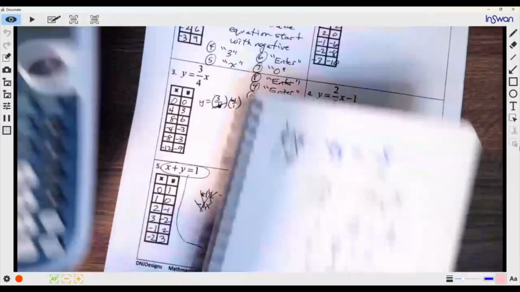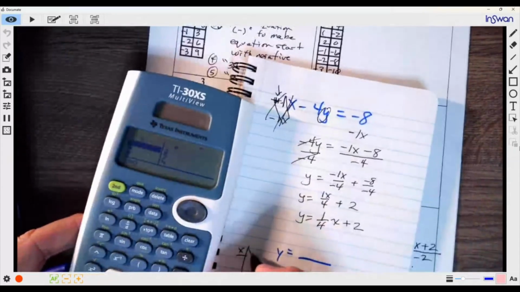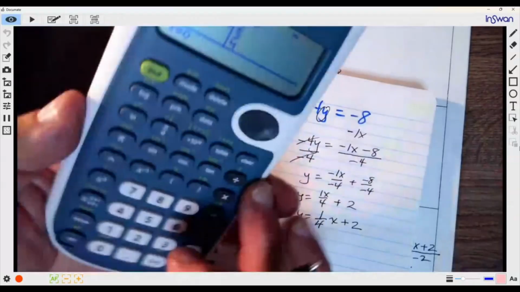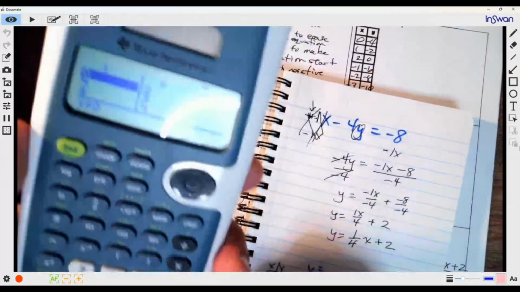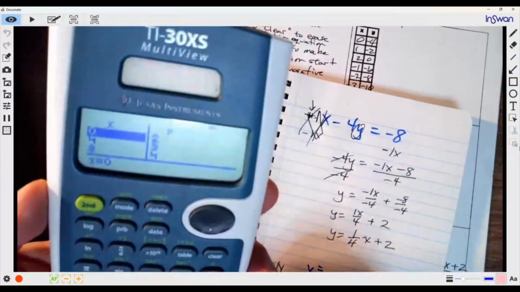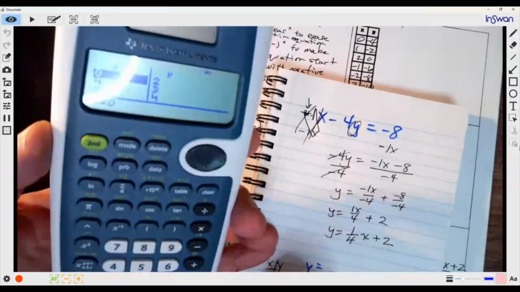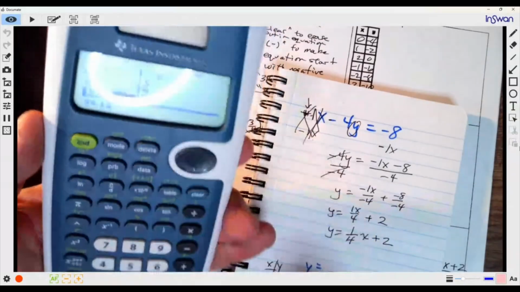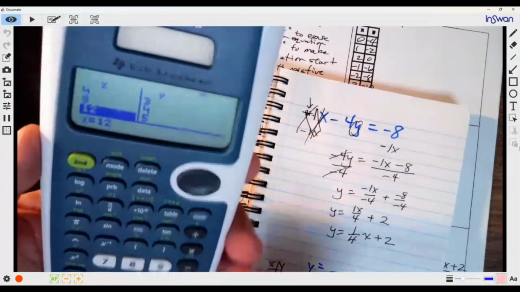So our table of values would be what? 0, 2, 4, 3, 8, 4, 12, 5.